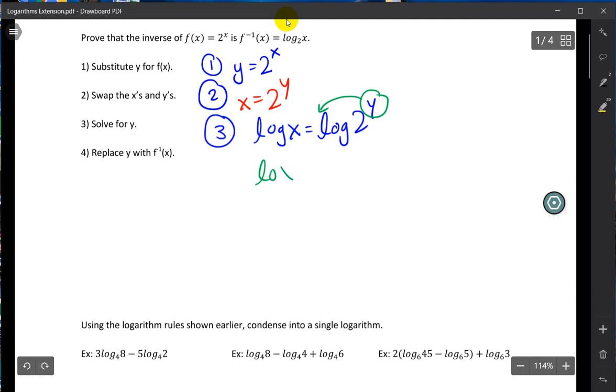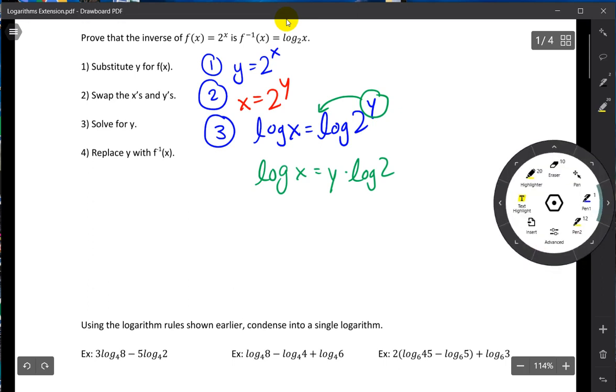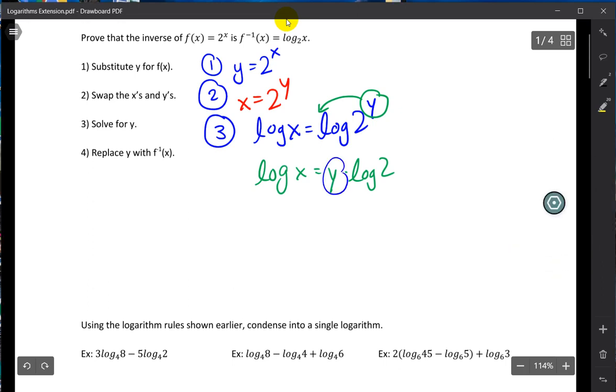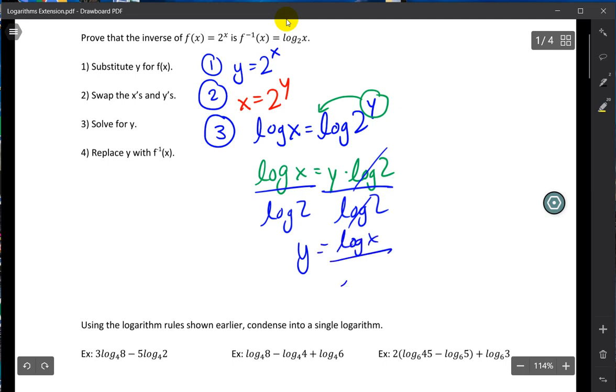So this is log x equals y times log 2. Now to get y by itself, we can divide by log of 2. So what we're left with is y equals log of x divided by log of 2.